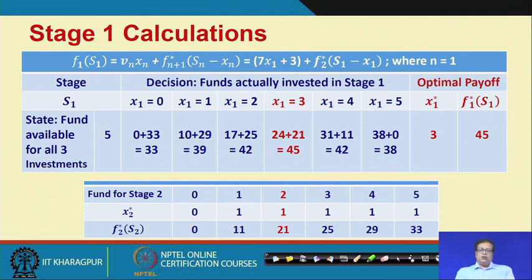Finally, for 4 and 5 the values are 42 and 38 respectively, by a similar method of calculation. Now if you look at which one is optimal at this level, we see that x 1 equal to 3 is the optimal value. Is it all right? Look here at how Bellman's principle is working: irrespective of how you got the optimal value at this stage, the remaining distances must constitute an optimal path.